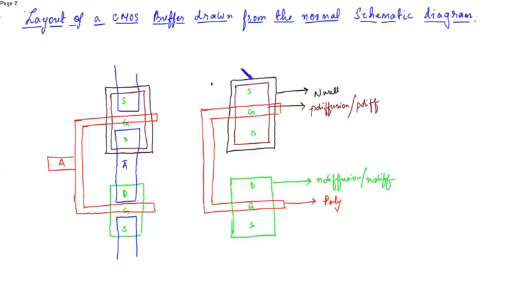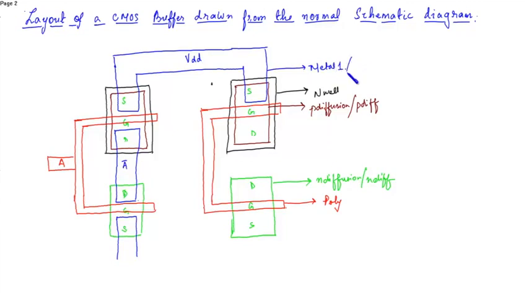So the source of the PMOS is connected to VDD. Now these two are connected to VDD, so we can just connect these two. This is VDD and this is metal 1, or say M1.